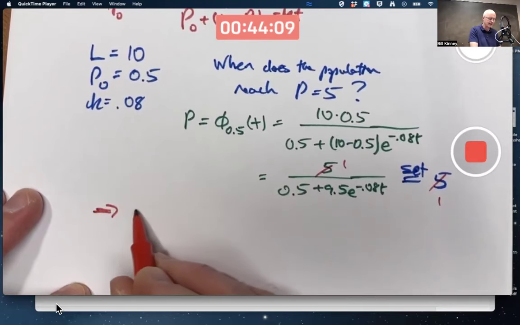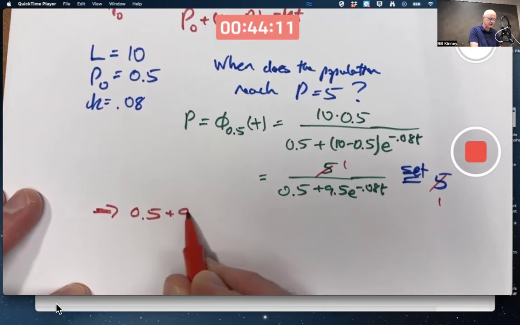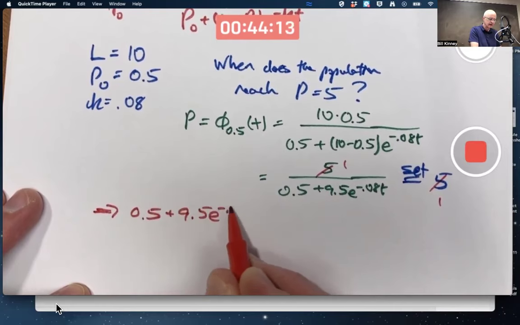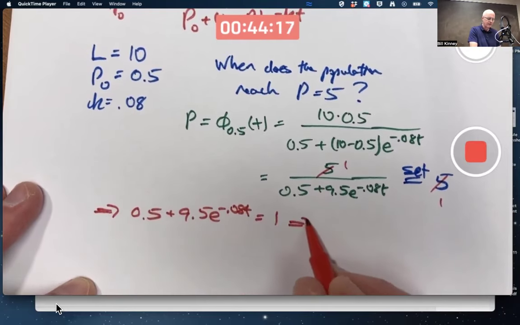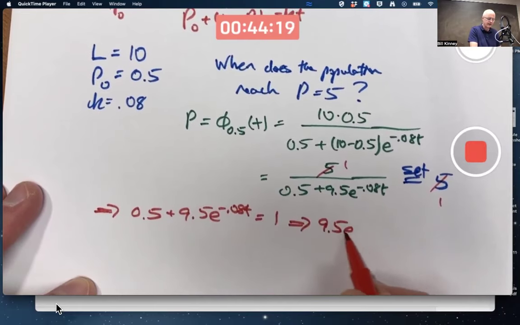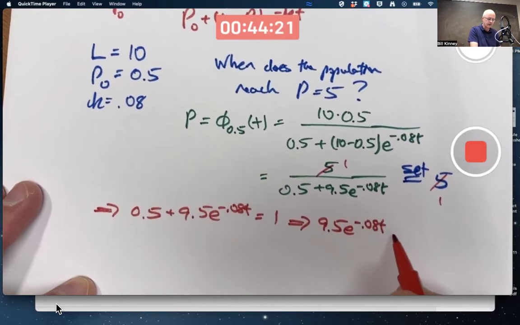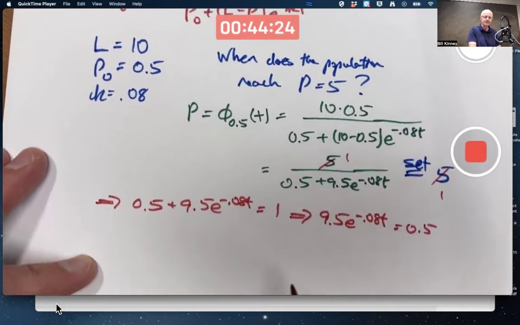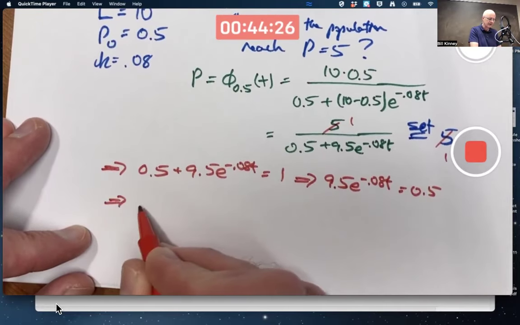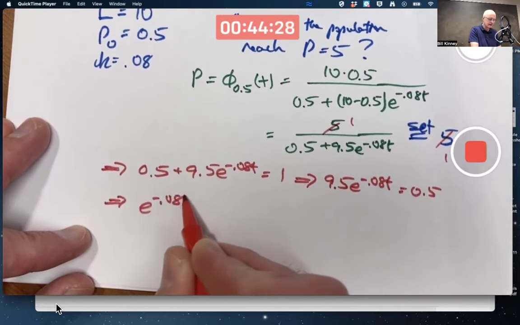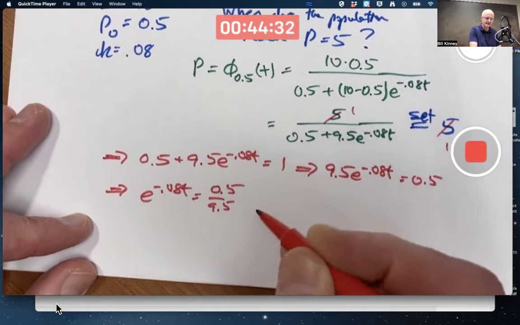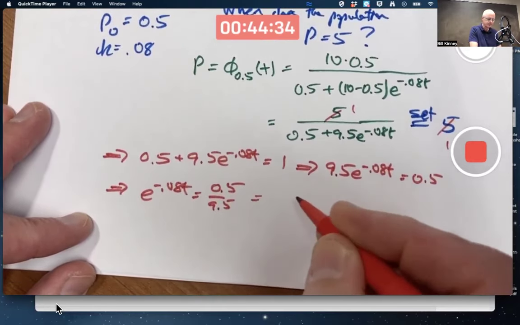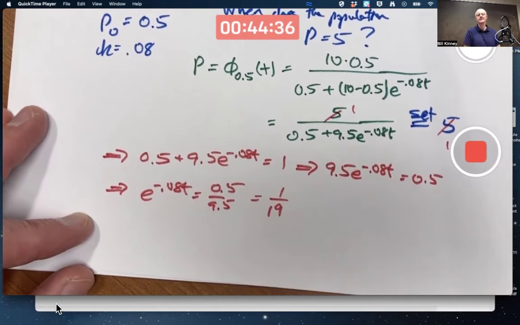I mean, I didn't have to do that cancellation to see that, but this denominator equals 1. Subtracting 0.5 from both sides means 9.5 e to the negative 0.08 t equals 0.5. Divide both sides by 9.5. And you get this, which, if you write it as an ordinary kind of fraction, is 1/19.